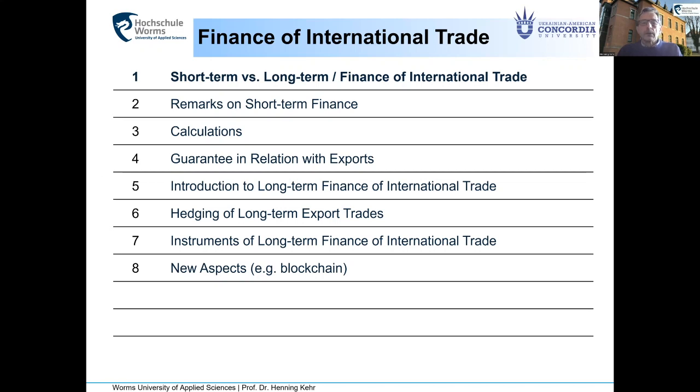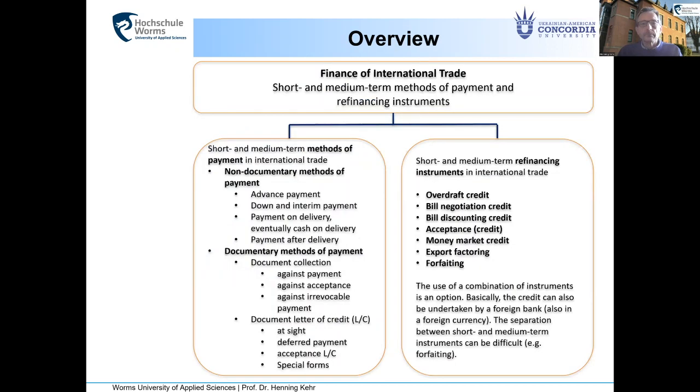So if you look for that, these will be the main parts, but I will now go ahead with remarks on short-term finance and some general remarks as well. So you see here short and perhaps also medium-term methods of payment instruments.